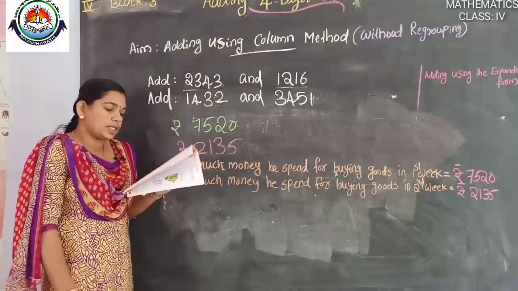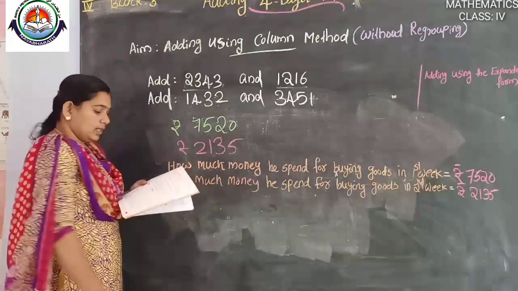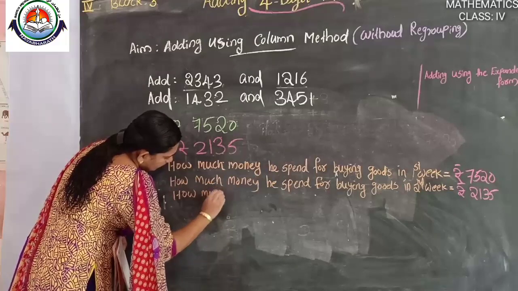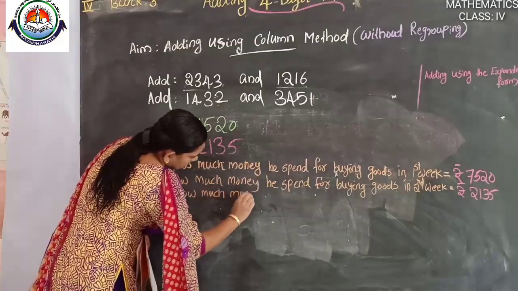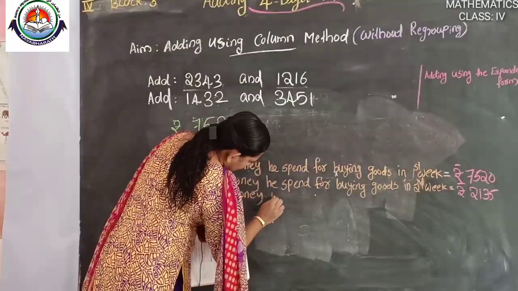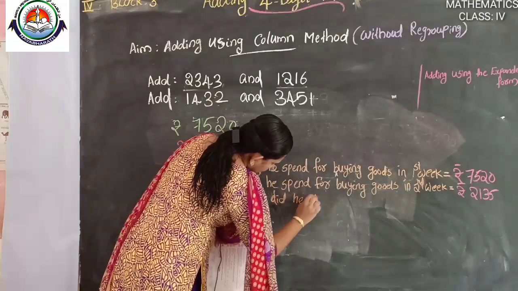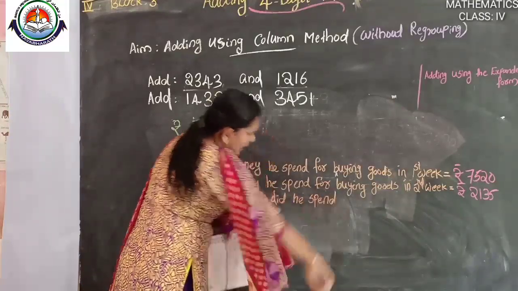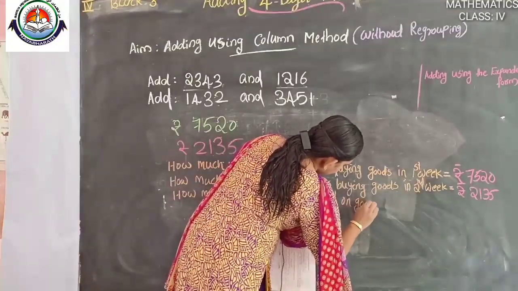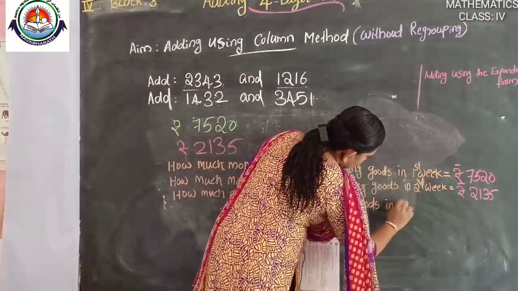Then what is the question? How much money did he spend on goods in the 2 weeks?